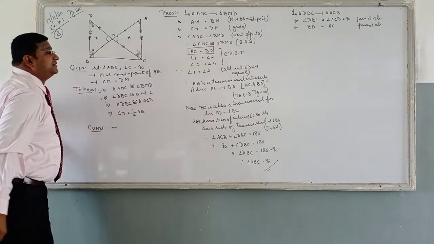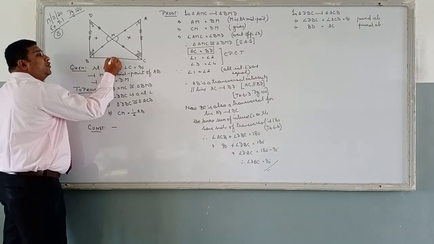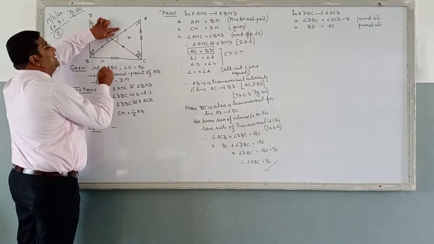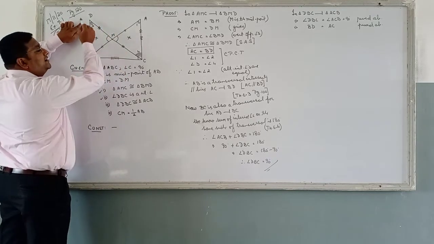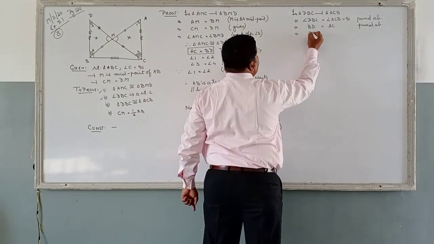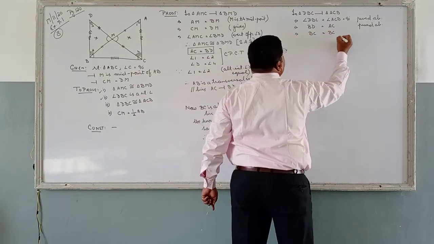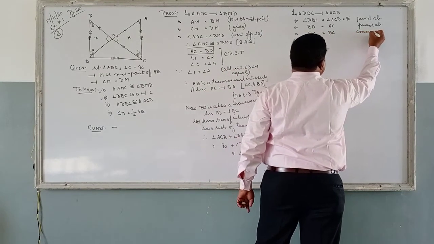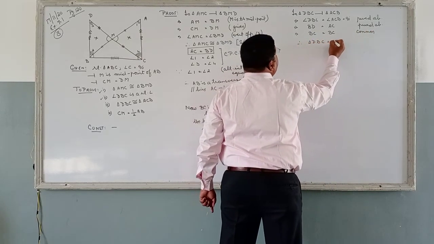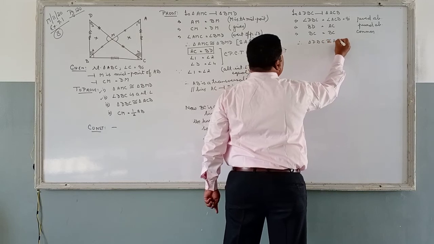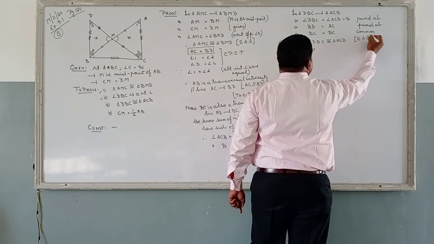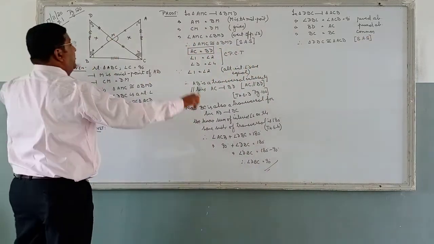And thirdly, is this side common to both the figures? Triangle ACB and triangle DBC. Is this BC common? BC is equal to BC. That is common. So therefore, triangle DBC is congruent to triangle ACB by what congruency?